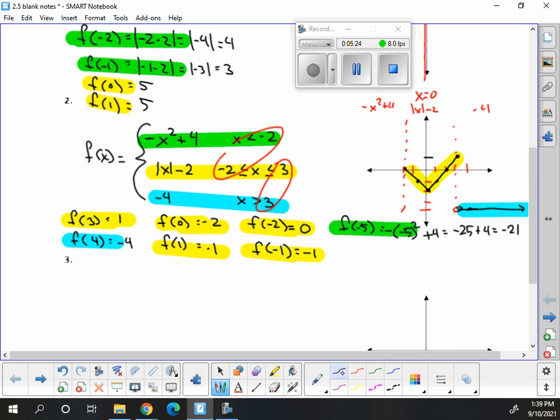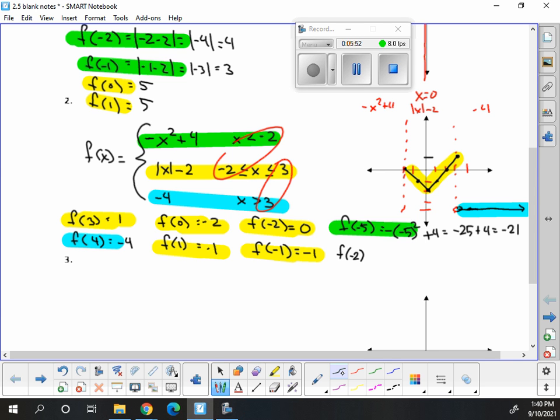And then you're asking, do I want to graph negative 21? Do you guys want to draw negative 21? Not really. So one way you can do it is you can make up your own points. So let's start with the boundary right here. At negative 2, if I did plug it in here, what would I get? Okay. So the open circle is around that same spot, use a different color.